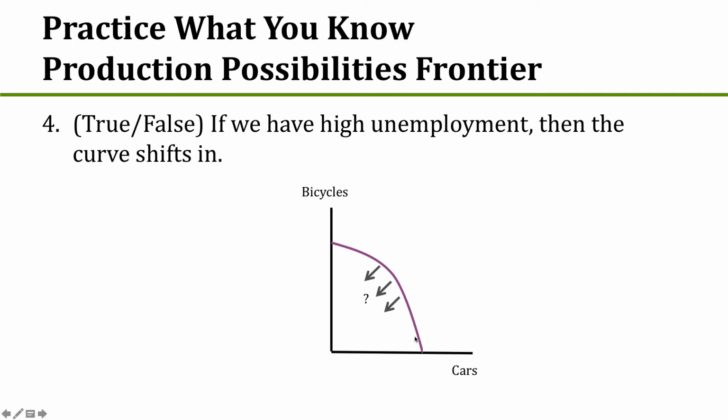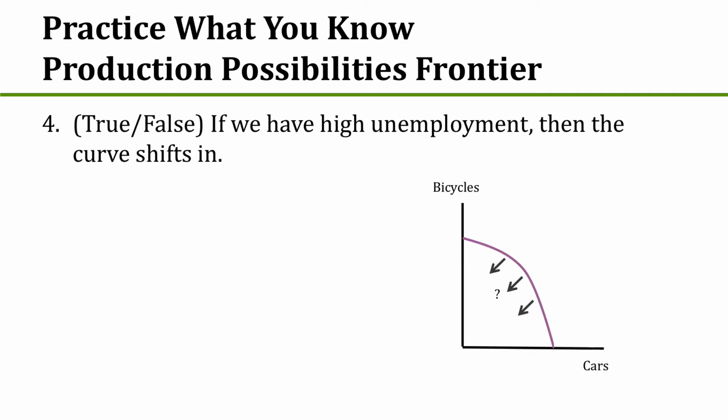But the important point here is the PPF will just stay intact. It's not going to move. Why? Because the production possibilities frontier is showing you the best you can do. It's not telling you where you are right now.